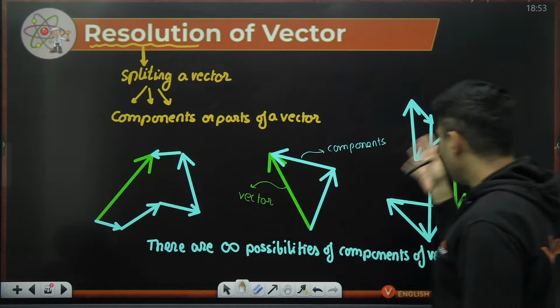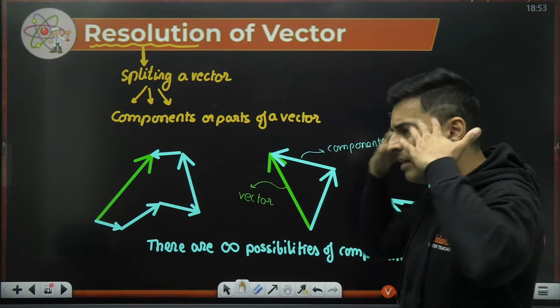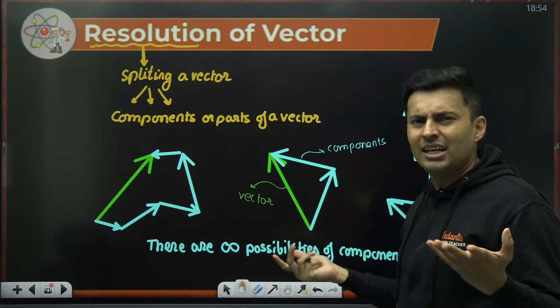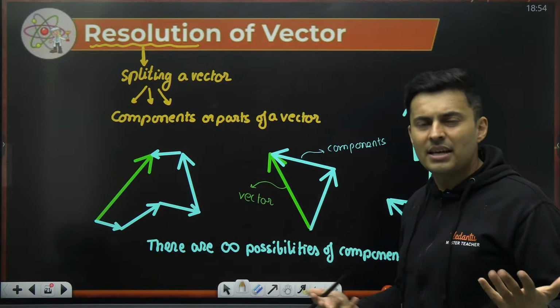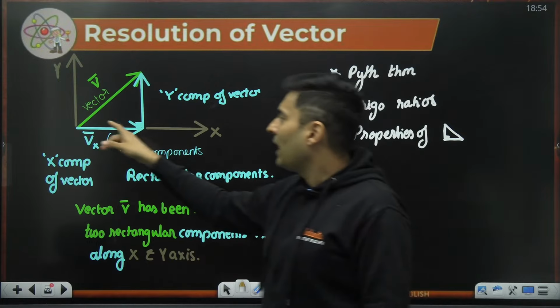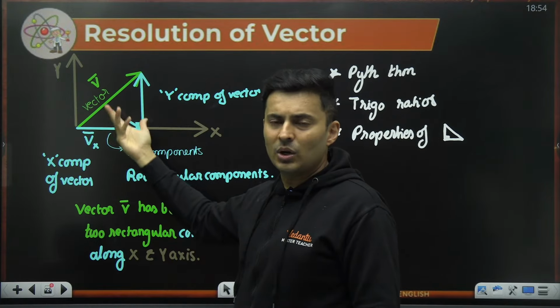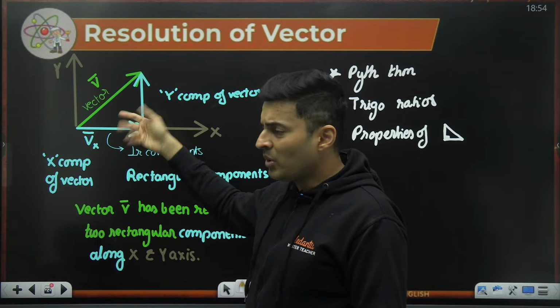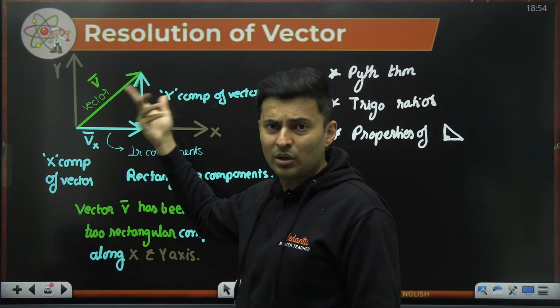If I split it like that, yes, I can make up some of my own properties of polygons, but it is very scary and lengthy and not so easy and convenient. But the moment everything is perpendicular, I can use sine theta, cos theta, tan theta, cot theta, trigonometric identities, perpendicular properties, all right. I can use Pythagoras theorem.